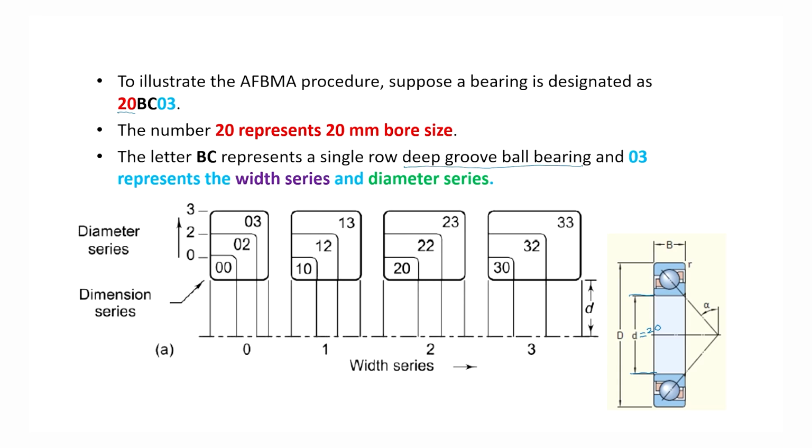And in 03, the first one is the width series and the second one is the diameter series. So, we will have a 03, it means outside diameter will be represented by this one and the width this one.